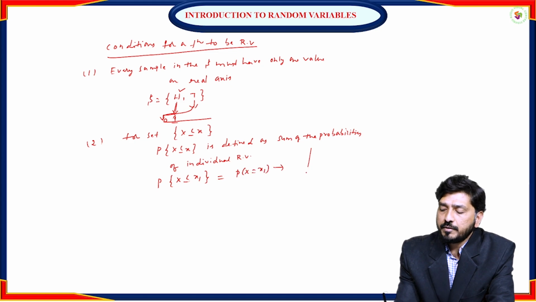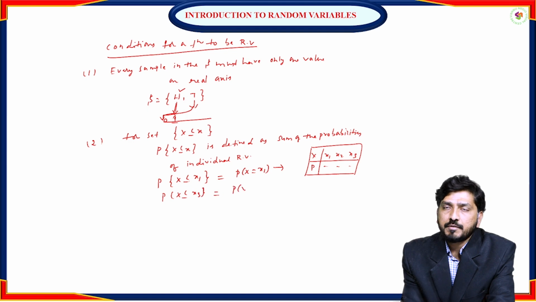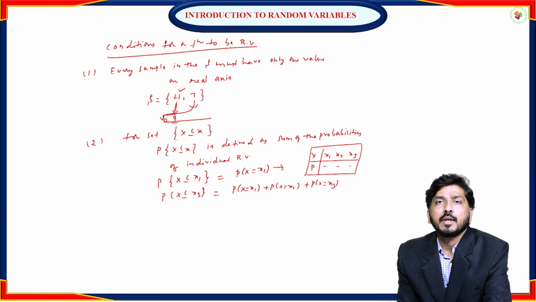This is valid if you have the random variable set as x1, x2, x3, and you have the corresponding probabilities for each particular value. Now suppose you want to define the probability of X less than or equal to x3, then it will be written as the probability of X equal to x1 plus the probability of X equal to x2 plus the probability of X equal to x3.